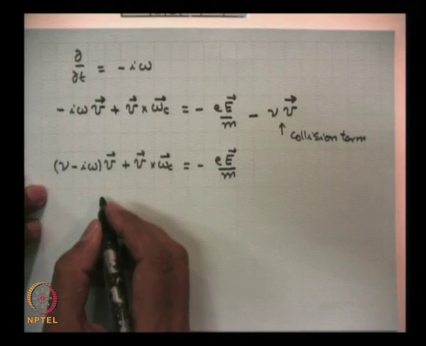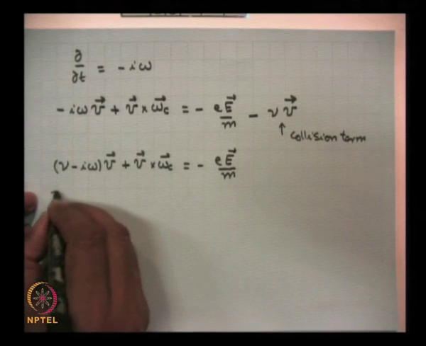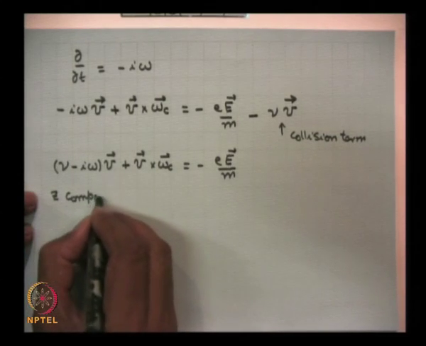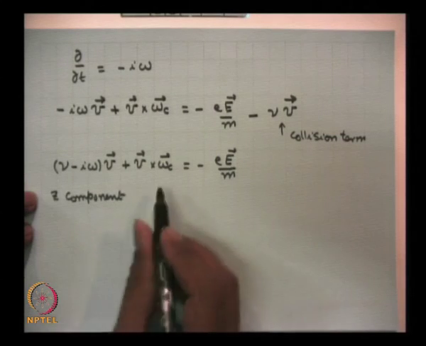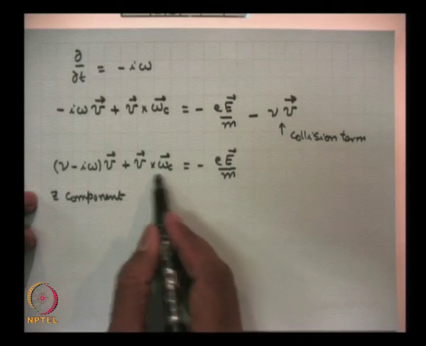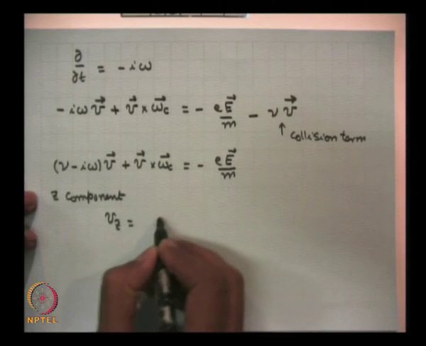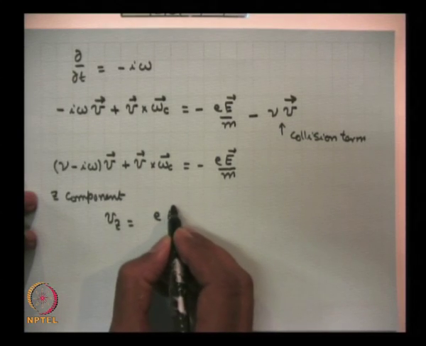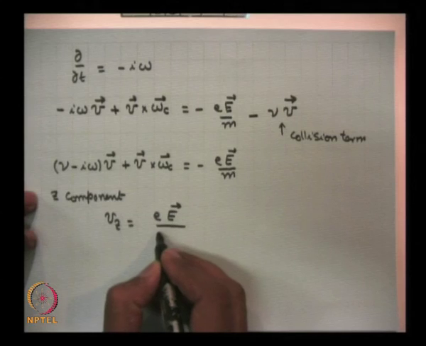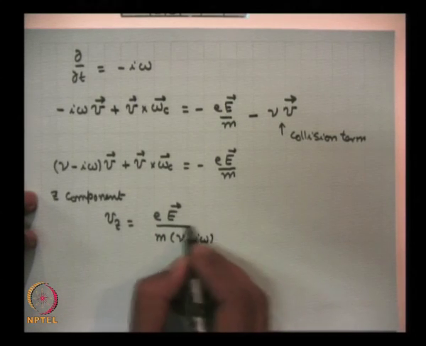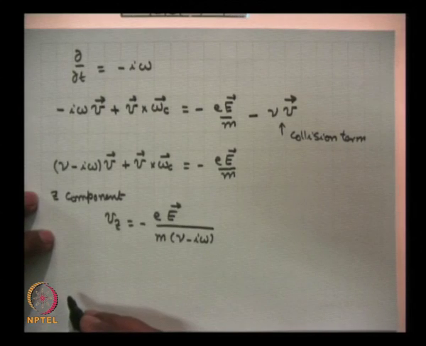I will write down different components of this equation. Let me begin with the simplest one, which is z component, because this term vanishes. So, V z turns out to be E upon m (nu minus I omega) with a negative sign.